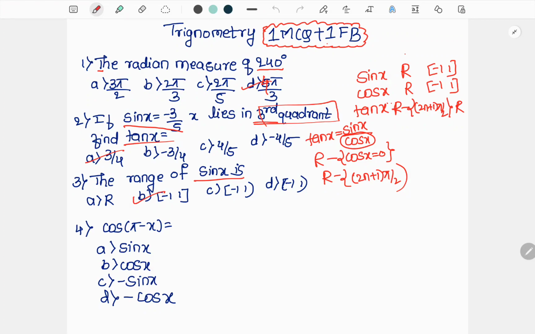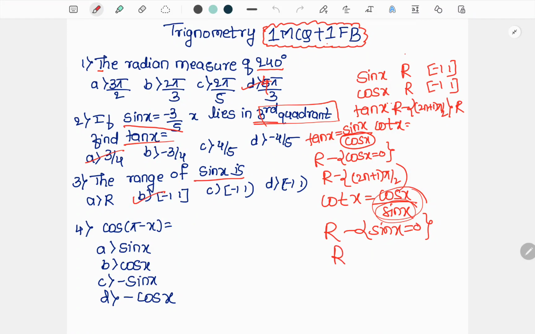So like this, the remaining also students please do and remember. If you want cot x, we can write it as cos x by sin x. So the domain is all the real numbers minus where sin x is equal to 0, that we have to remove. So R minus, where sin is 0, for all multiples of pi.